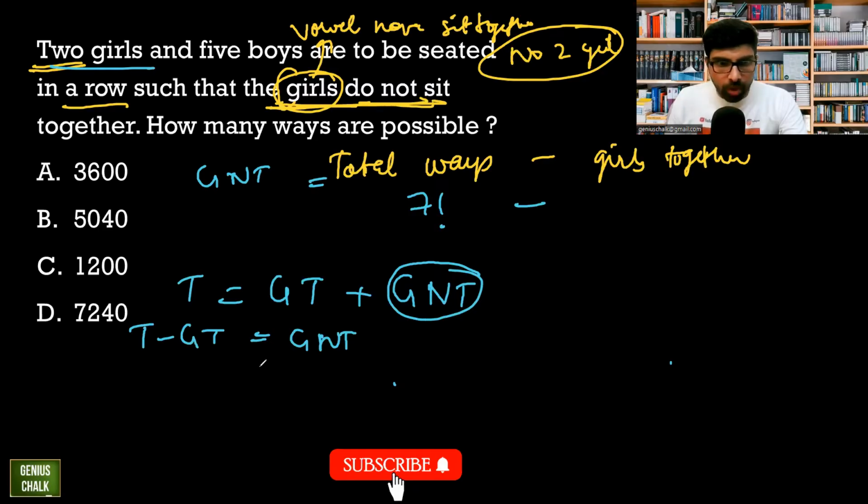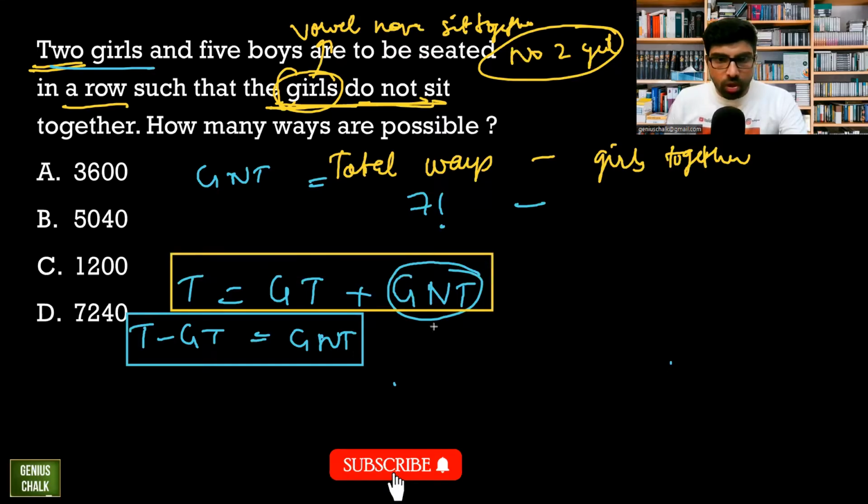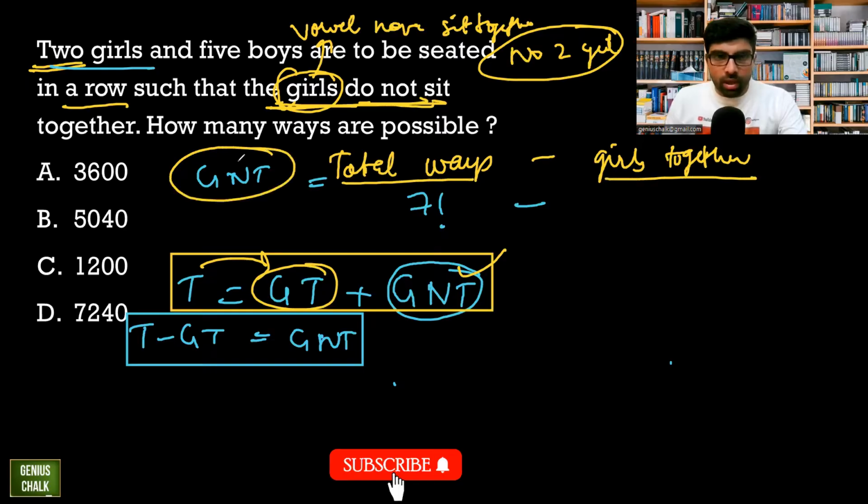I hope you're getting my point. Total cases are always equal to together cases plus not together cases. So if you are asked for not together cases, subtract together cases from total cases. This is what I've done: total ways minus together cases equals girls never together.